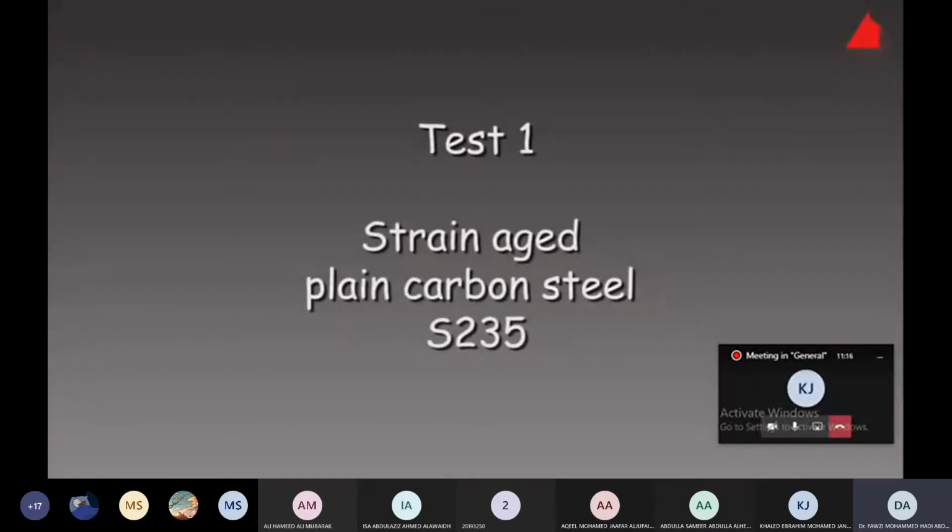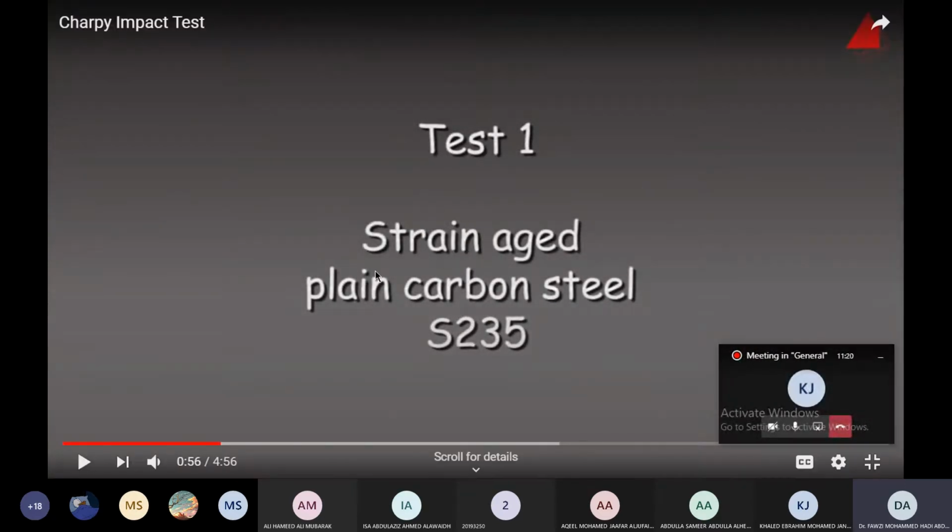First test, strain-aged plain carbon steel S235. So the material which we are going to use in this one will be plain carbon steel, but it is strain-aged. And you can see here this designation is not something you are used to, right? When we say plain carbon steel, what is it for the AISI?